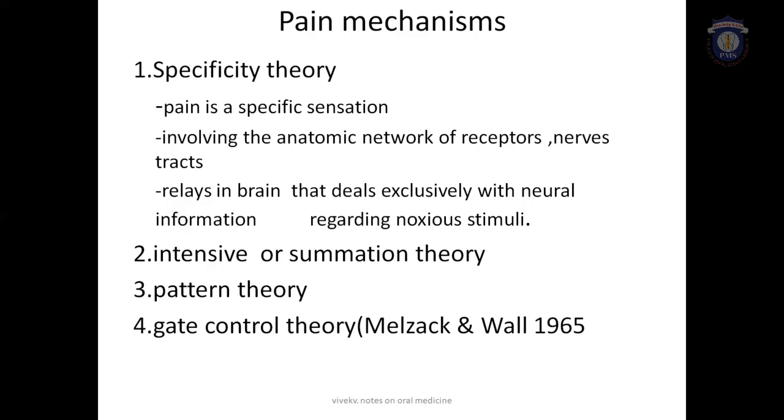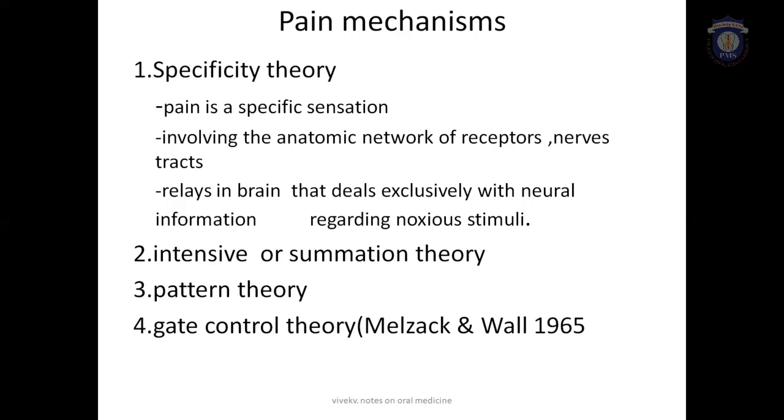So that was dumped, and the second theory came into being, the intensive or summation theory, which essentially means that there is an anatomical network of receptors, nerves, and tracts, but these can transmit any of these painful stimuli, from pressure sensations to really painful sensations.